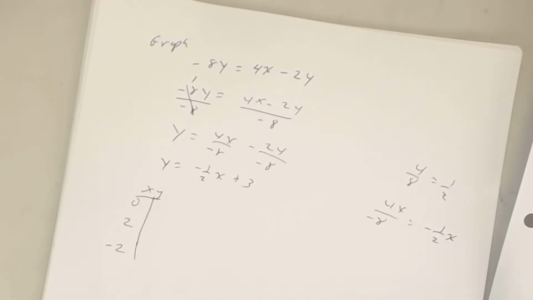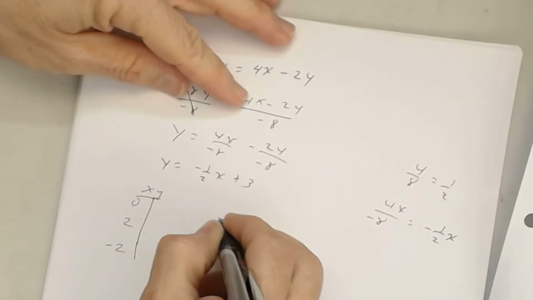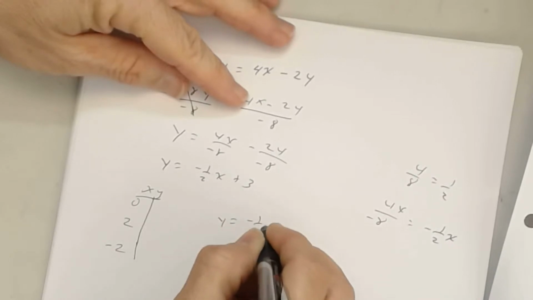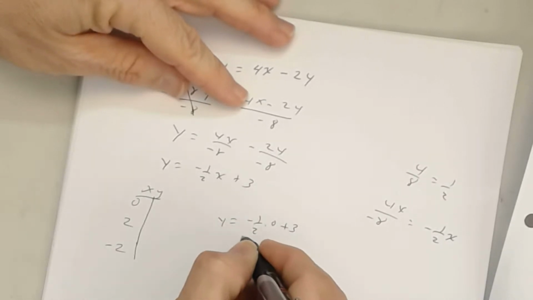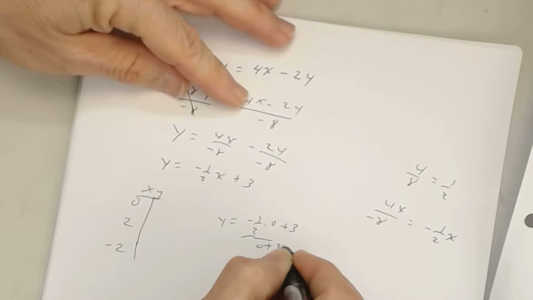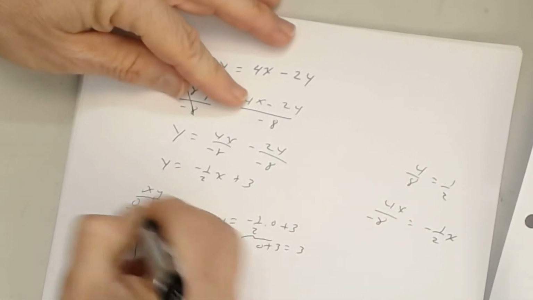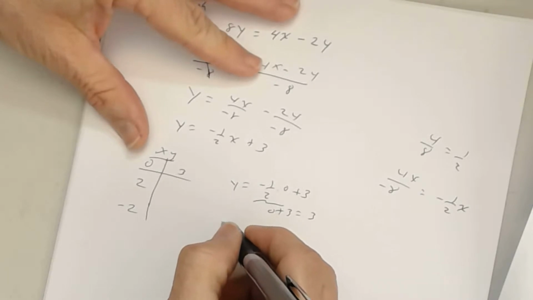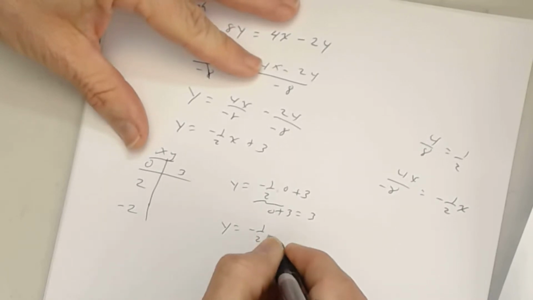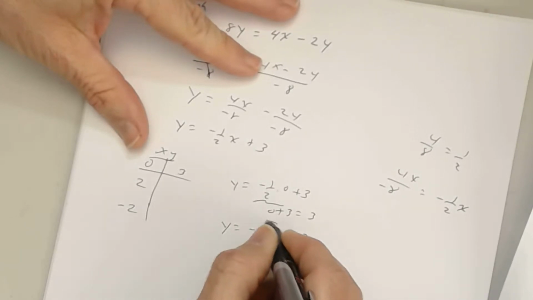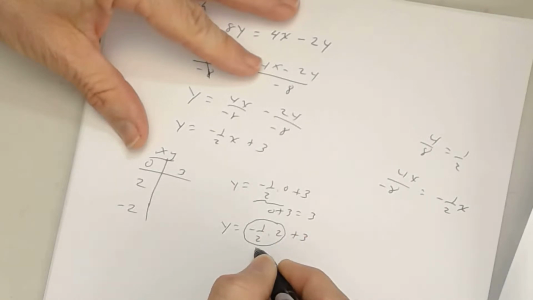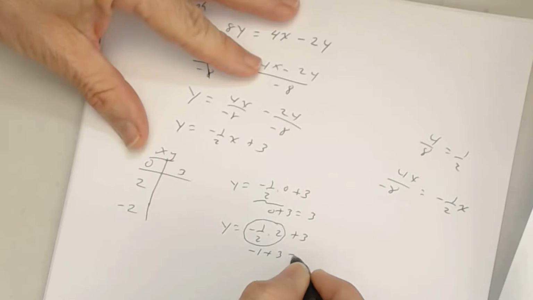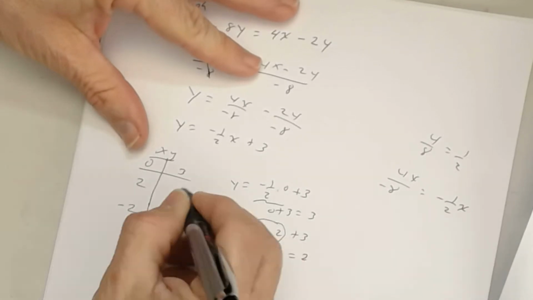Okay. So when x is 0, I get y equals -1/2 times 0 plus 3. 0 plus 3 is 3. So there's one of my points. When x is 2, I get y equals -1/2 times 2 plus 3. What's -1/2 times 2? -1. -1 plus 3 is 2.